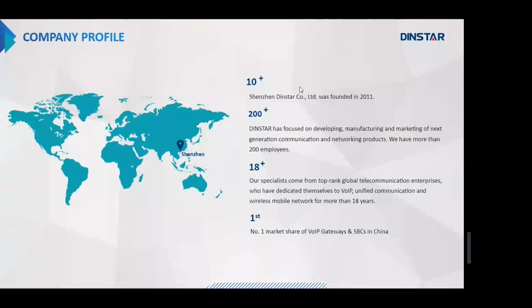We mainly focus on development and R&D. Besides that, we also have a lot of specialists in VoIP, IP communication, SIP communication, PRI, E1 and so on. We have specialists and experts from Huawei and other vendors.